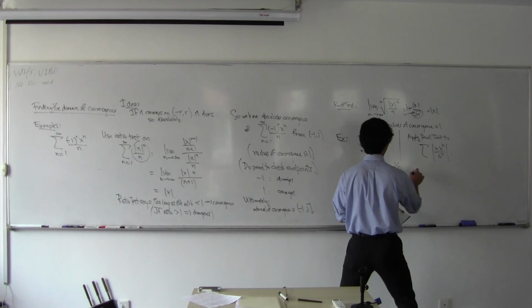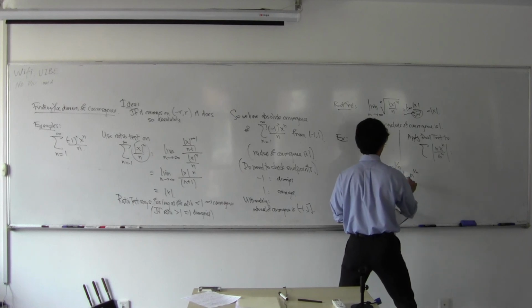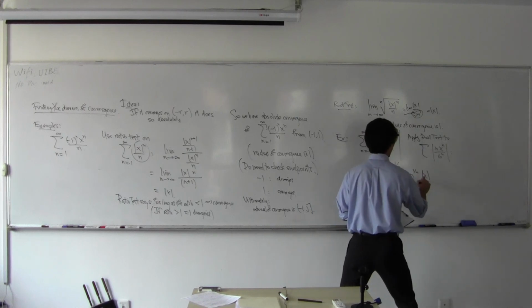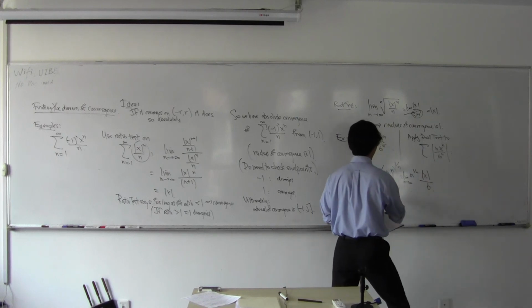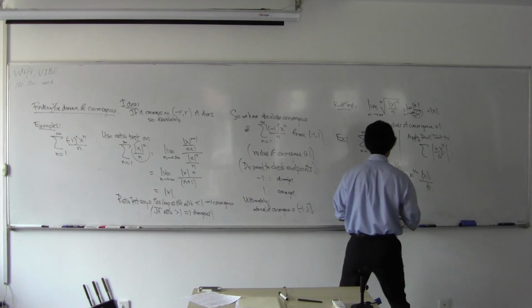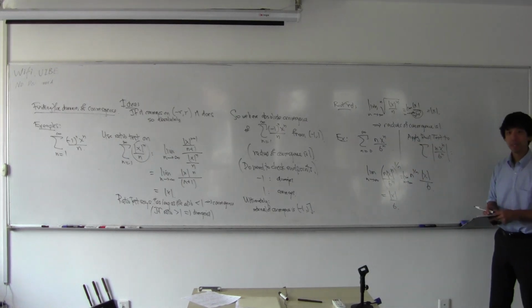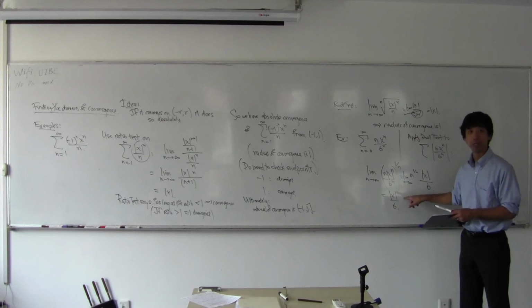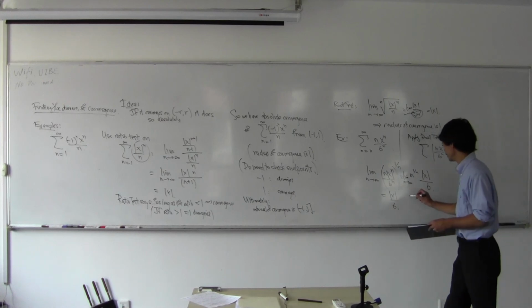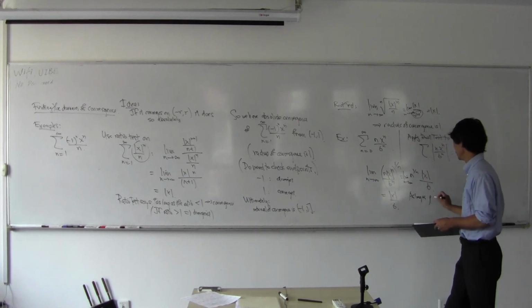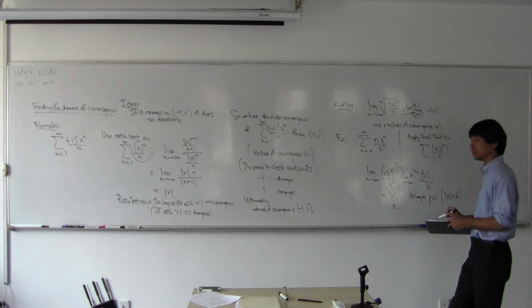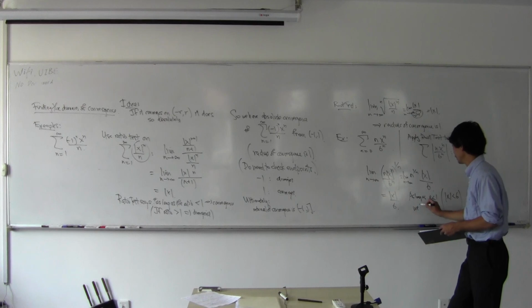And you end up with the nth root of n times, whoops, I forgot the absolute values, absolute value of x over 6. Which turns into the absolute value of x over 6. Right? And the root test says, as long as this is less than 1, then we're good. Then we have convergence. So as long as rho is less than 1, in other words, x has to be in absolute value less than 6, we have convergence.